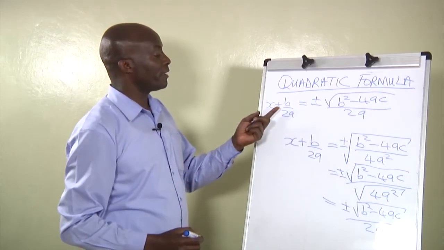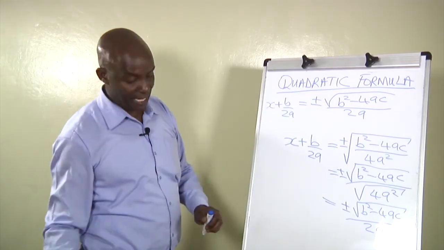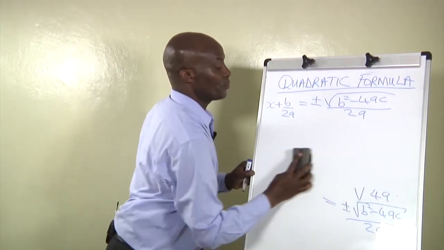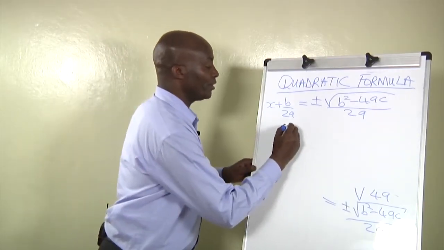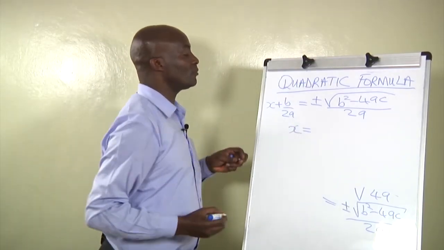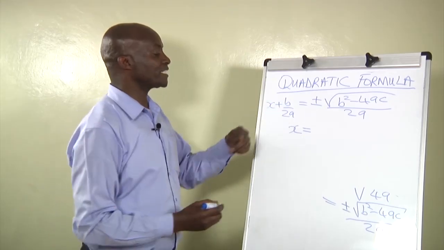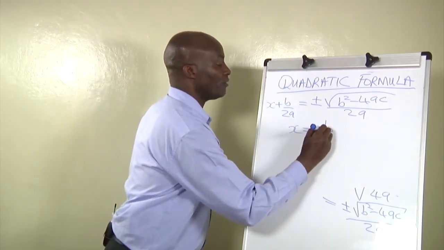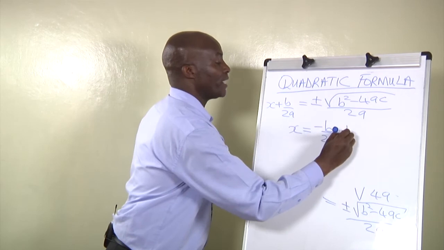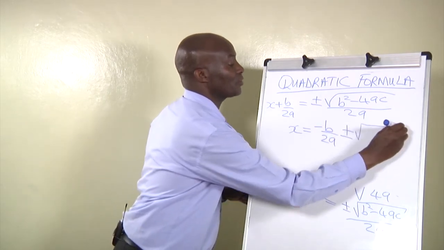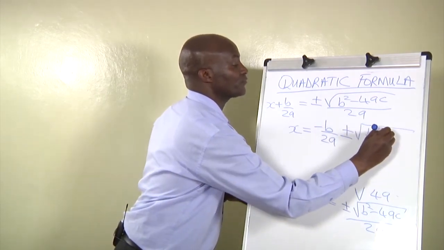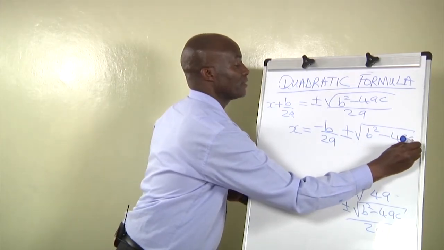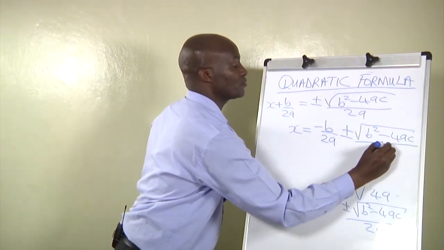So we now take b over 2a to the other side, and we have x alone on the left-hand side is equal to negative b over 2a, then plus or minus the square root of b squared minus 4ac, all divided by 2a.